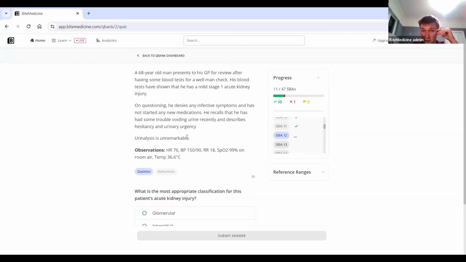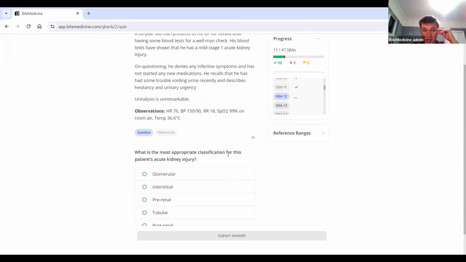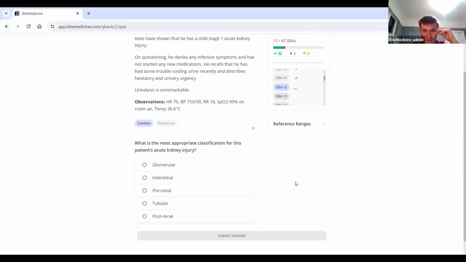Urinalysis is unremarkable. That's important because if there was blood or sugar, it might point you down a different route. Similarly, if they bother to do a urine sodium, that's going to point you towards acute tubular necrosis. And then obs, again, picking up the obs, he's hypertensive. Don't forget that. So what's the most appropriate classification for this patient's AKI?